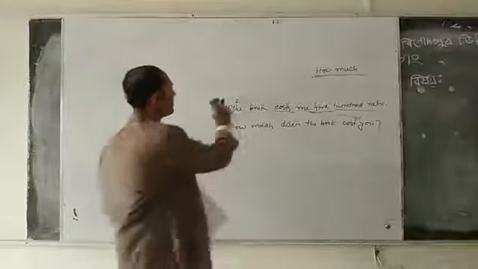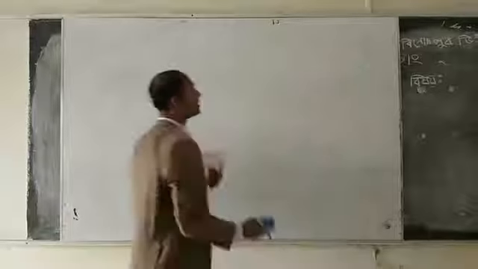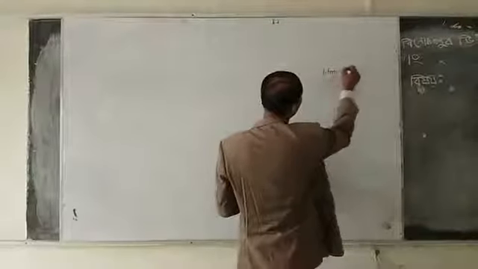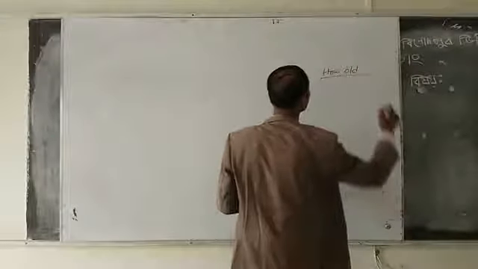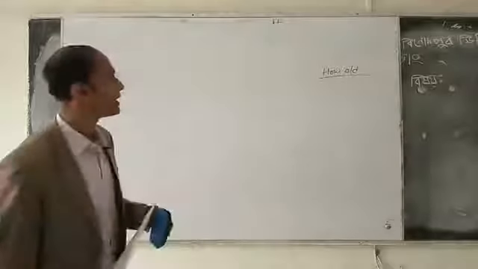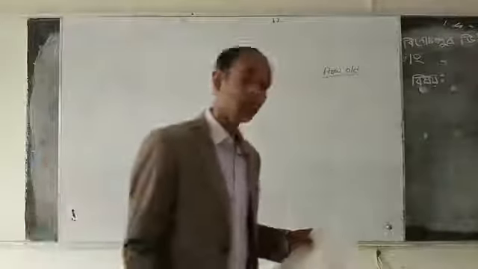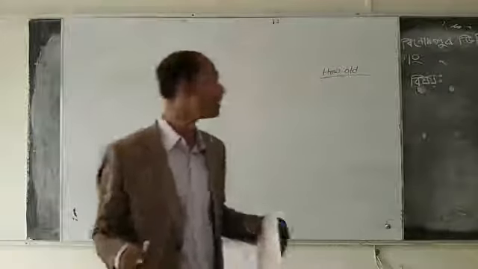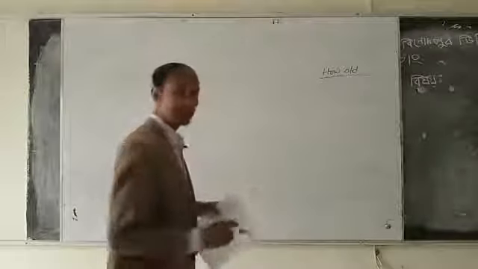Now I will talk about how old. If we get information regarding age, we will use how old as the WH word. Okay? I am giving you an example.